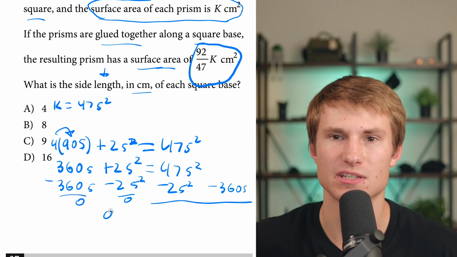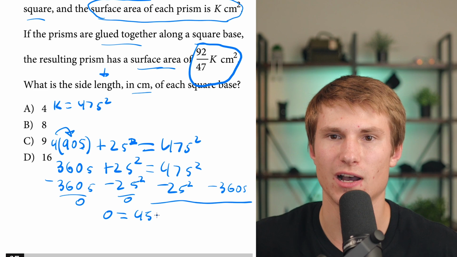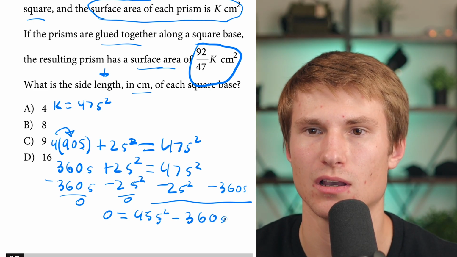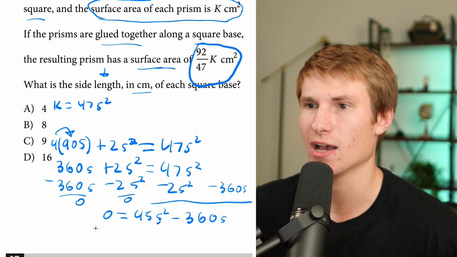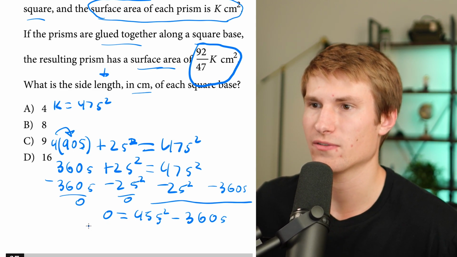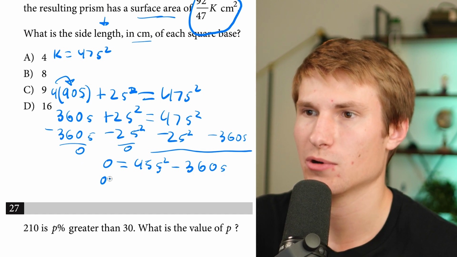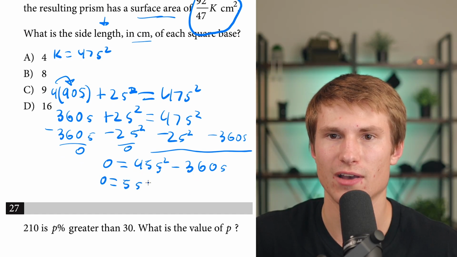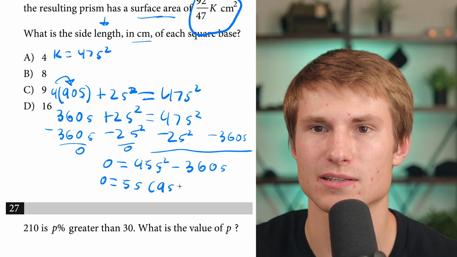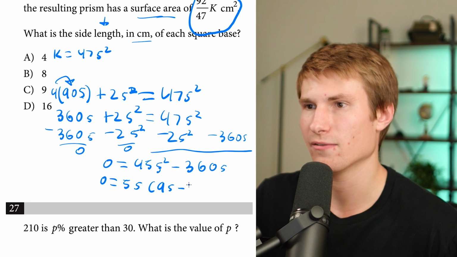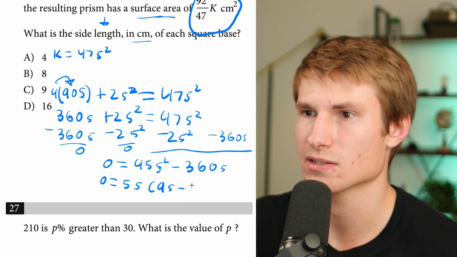Once we've done that, we see that 0 is going to equal 45s squared minus 360s. From here, we can factor out 5s from both that 45s squared and that negative 360s. So once we do that, we'll have 0 is equal to 5s times 9s minus, it looks like that's going to be 360 divided by 5 will give us 72.